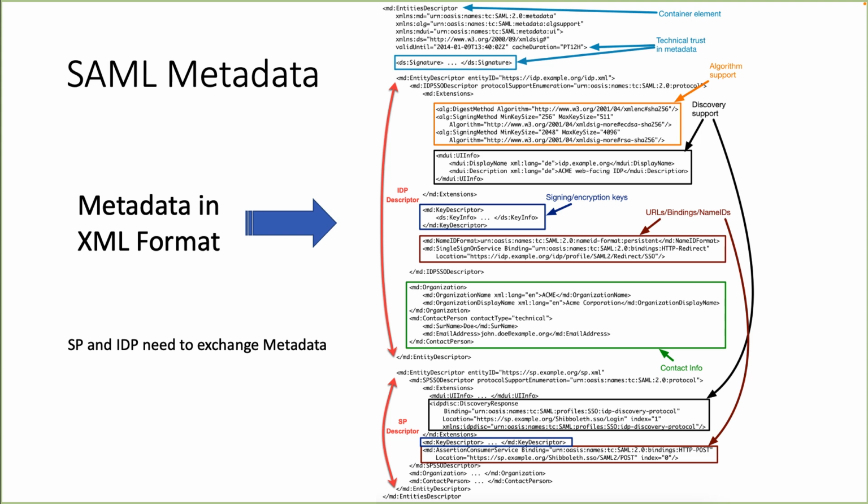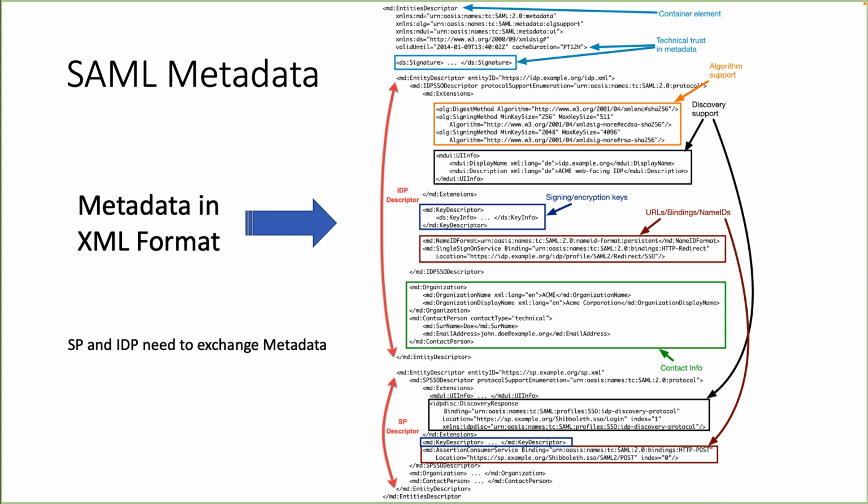The IDP metadata will be imported or added to the SP, and the SP, the application that supports the SAML protocol, will honor that information, so that when you trigger the SAML flow, it will follow the same metadata information to finish the flow.